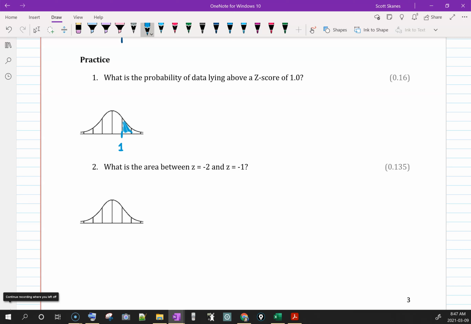What's the area under that curve, or the probability that data will lie in that region? See if you can get that. That answer is 0.16. I'll put the answers up in a second. But for the second one here, we have the probability of the area between z equals -2 and z equals -1.